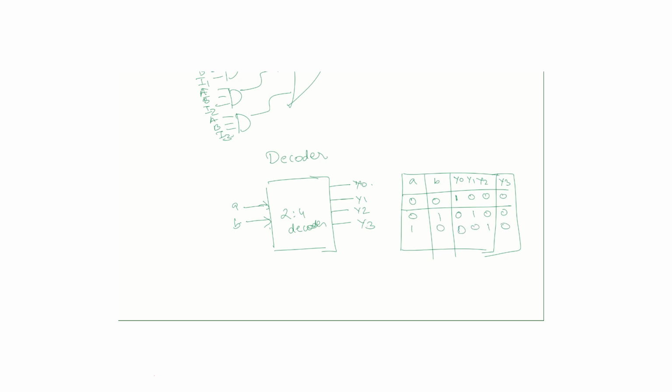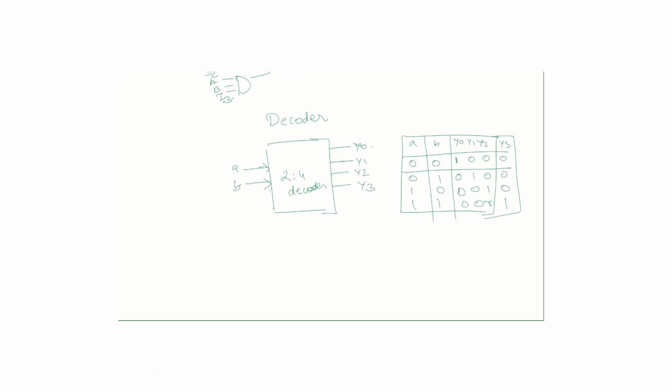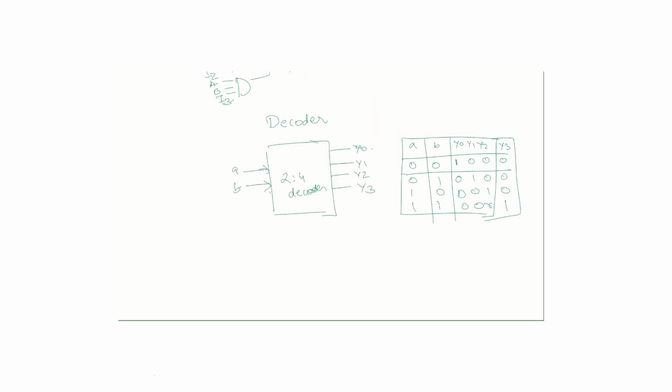Similarly for the others, 1 0 gives y2 and 1 1 gives y3. Now this is called an active high output.